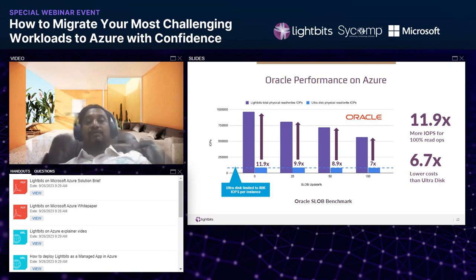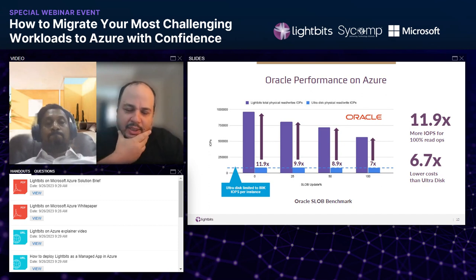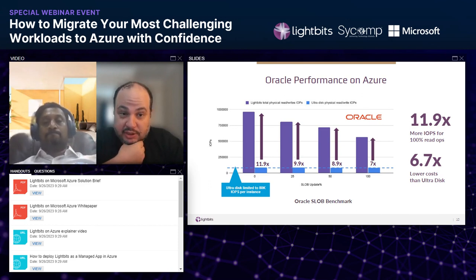Thank you, Kishore. And I would also like to emphasize, if we are talking about Oracle, that availability is a critical item. So the redundancy of the storage is a key point here. With UltraDisk, for example, you only have the option to run in a single availability zone. It's locally redundant.